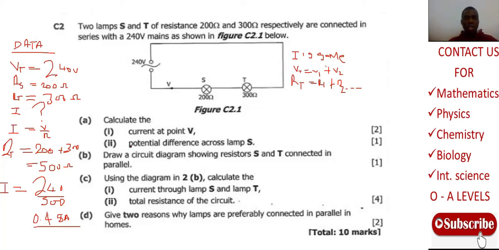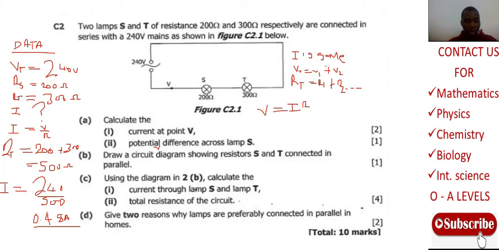A2 is simply saying calculate the potential difference across T. Now, potential difference is the same as the voltage, and voltage will be given by the formula voltage equals IR, meaning current multiplied by resistance. Now we know that current is the same.